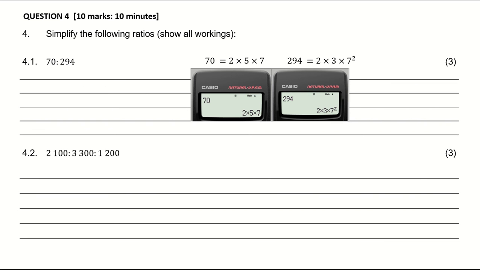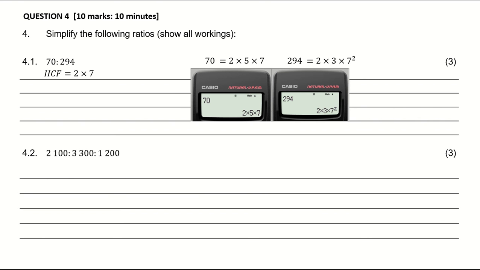The highest common factor will be a common base with the lowest exponent. Between these two products that we're given here, which is 70 and 294, the common base is the 2 and the other common base is the 7. But with the 7 and the 2, we always take the one with the lowest exponent, which will be our HCF.